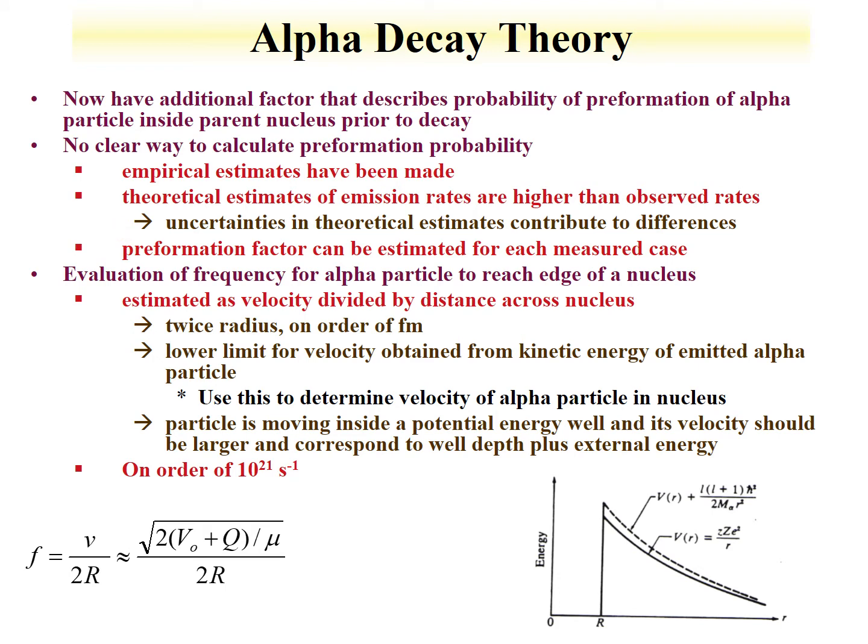Now, we can use the velocity of the alpha particle to determine how many times the alpha particle will impinge upon the barrier. That gives us a frequency of how often it impinges, which is related to the velocity of the alpha particle and the radius of the nucleus, which we've already discussed how to calculate.